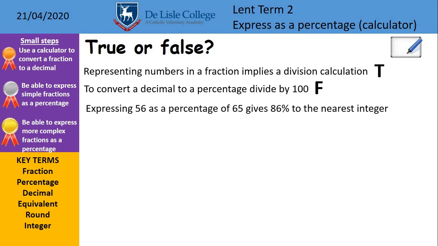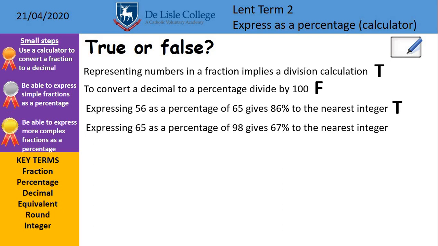Expressing 56 as a percentage of 65 gives 86% to the nearest integer. This is true. Putting 56 over 65 using the fraction key, or 56 divided by 65 equals, then multiplying by 100 gives us 86.15, which is 86% to the nearest integer.